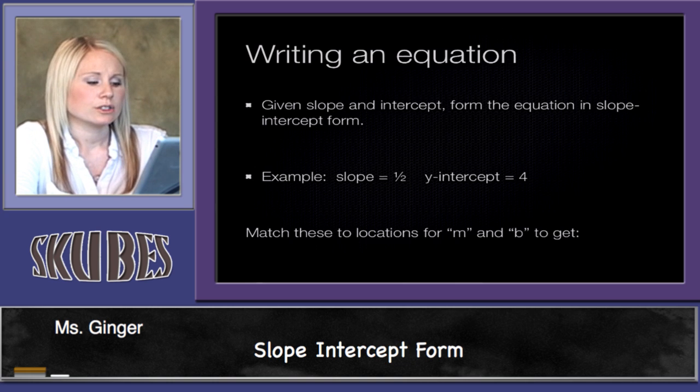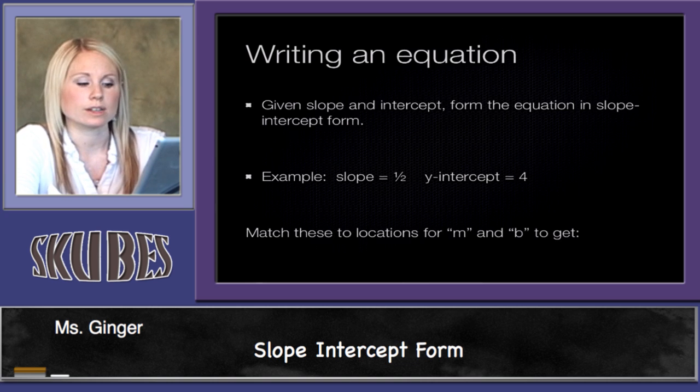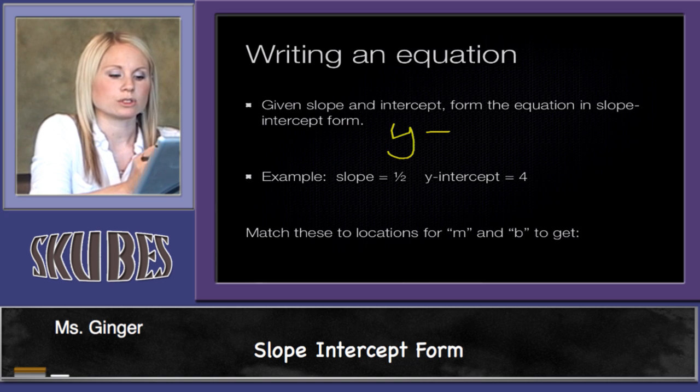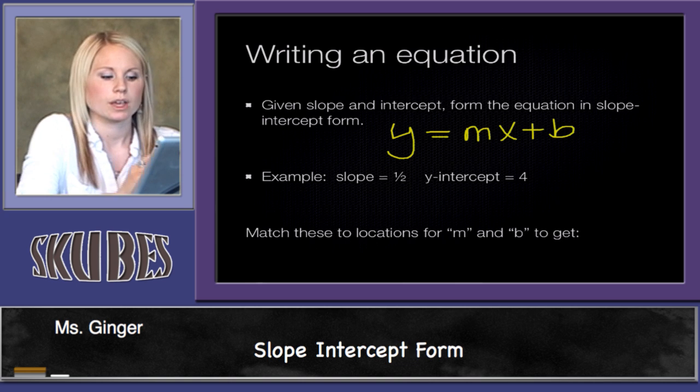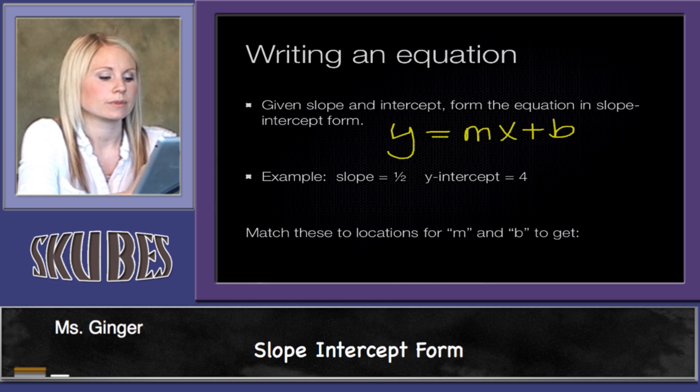Okay, here's another example. If we are given the information and we need to write the equation, we're going to do the same thing. We're going to match the information we have to the positions of the m and the b so that we can fill it in. Remember, slope-intercept form is y equals mx plus b. So let's say we have a slope of 1/2 and a y-intercept, a b, of 4, and we need to find this equation.